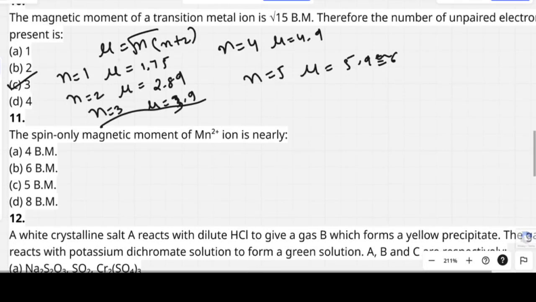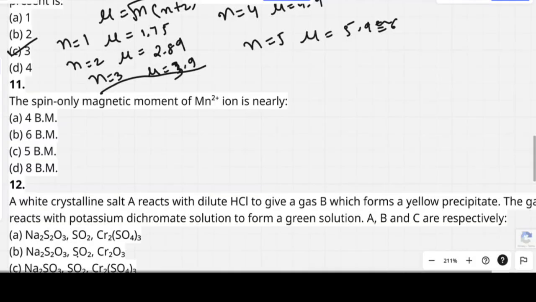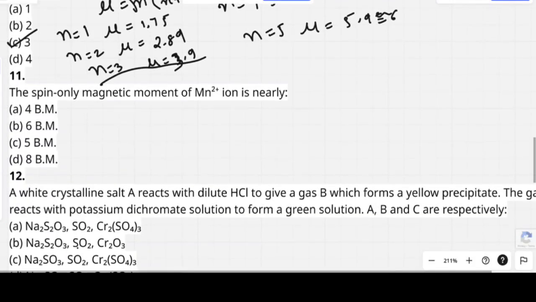Okay. Next, I move to another question. The spin only magnetic moment of Mn2+ ion is, see here, in Mn2+ ion I calculate n, the number of unpaired electrons.